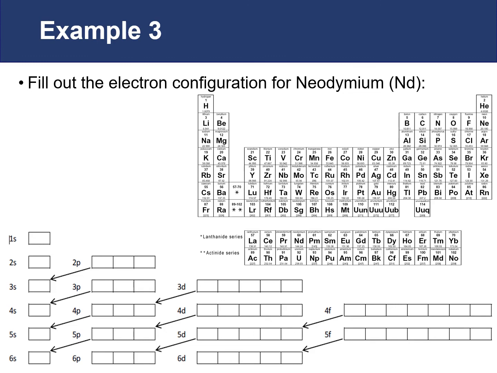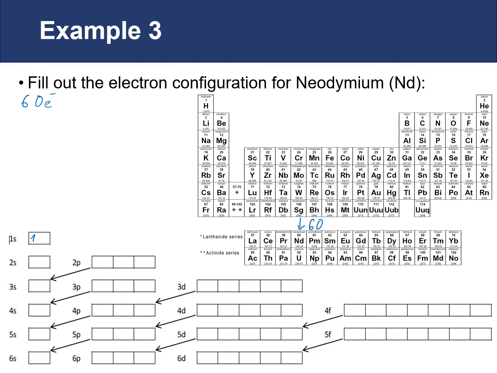Let's now look at one last example, and this is about as bad as it's going to get. Neodymium, down here. So neodymium has an atomic number of 60. So that means we have 60 electrons that we have to place.